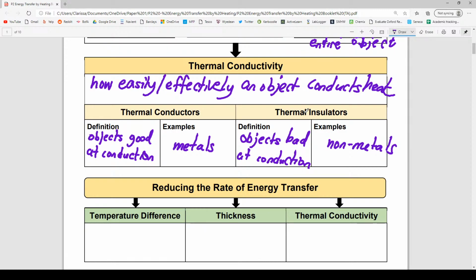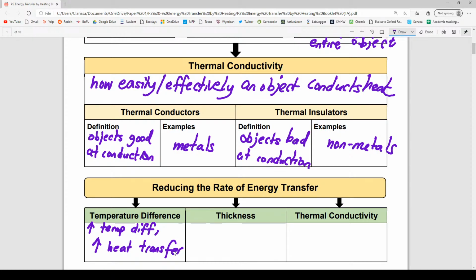First thing is a temperature difference. If the temperature difference is really high, like for example, let's say that it was 25 degrees inside your house and it's like sub-zero outside.